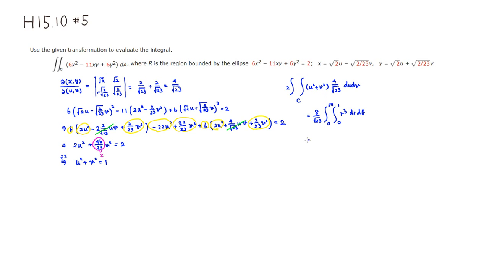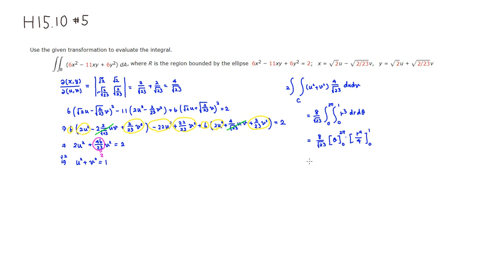So this is separable: 8 over square root of 23 times the integral with respect to theta from 0 to 2 pi, times the antiderivative of r cubed, which is r to the 4th over 4, from 0 to 1.